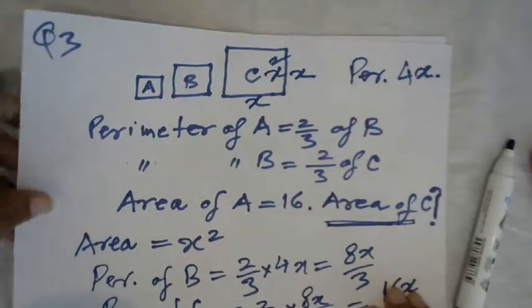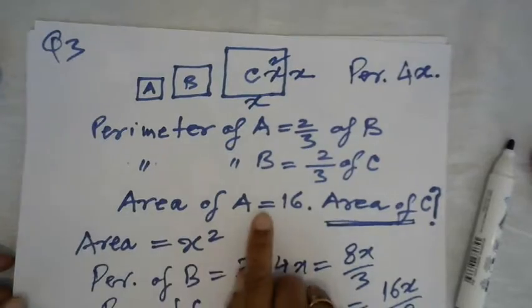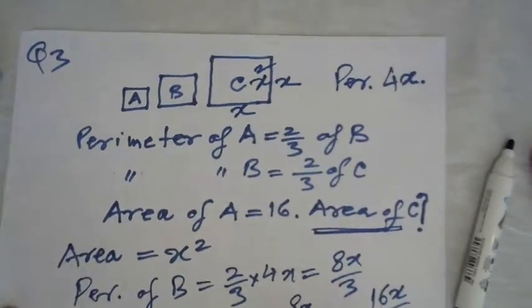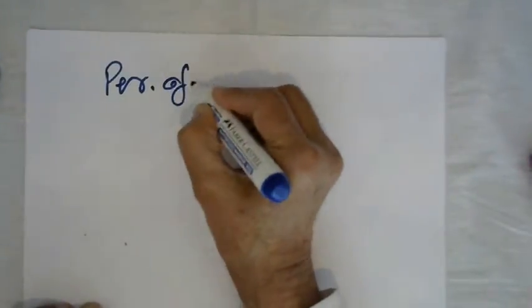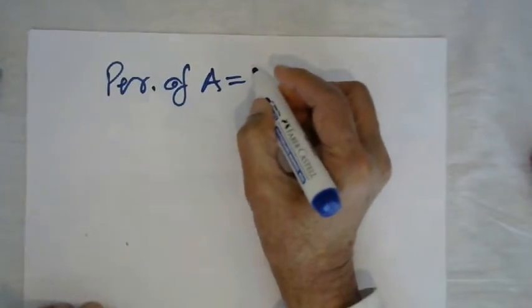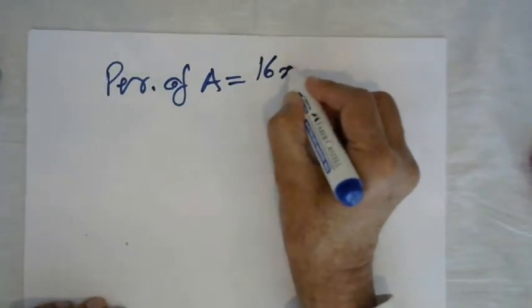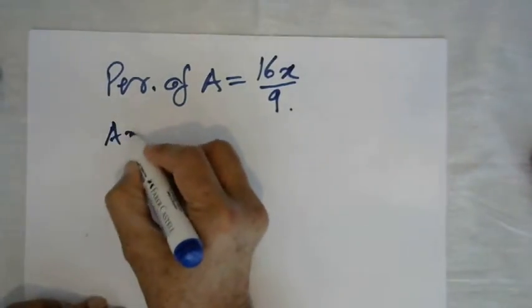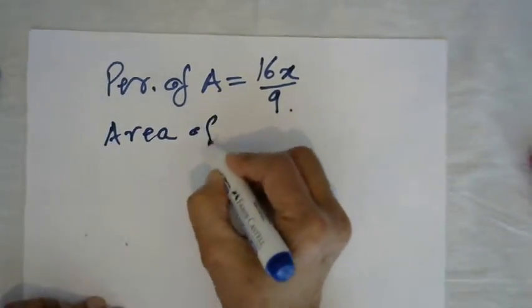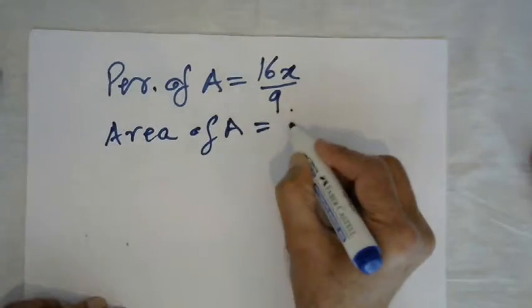Okay, we are given that the area of A is 16. Okay, now perimeter of A is equal to 16x by 9, and area of A is equal to 16.